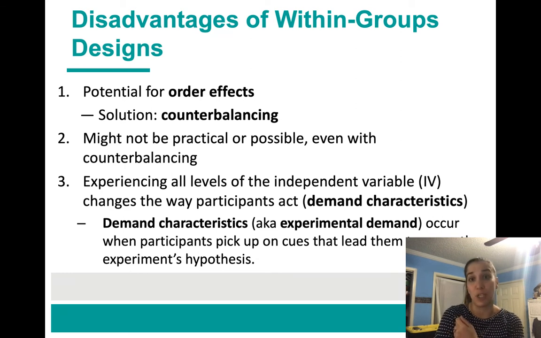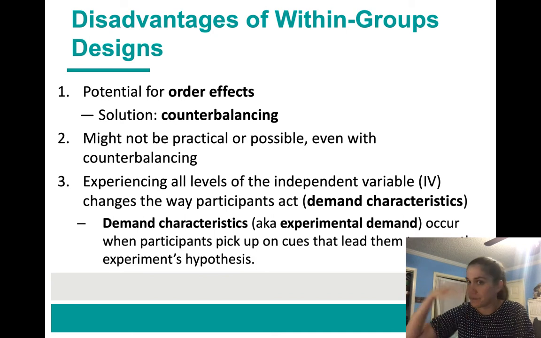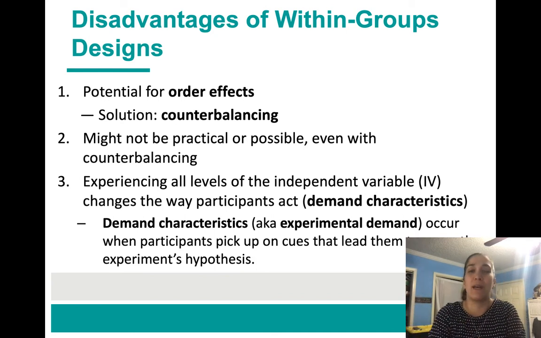We use deception as a way of hiding what the purpose of the study is so that we eliminate or minimize demand characteristics. But this is really more a problem in a within groups design, because once you expose participants to different levels of the independent variable, then they have a greater chance of detecting or guessing what the purpose of the study is, and then they adjust their behavior.